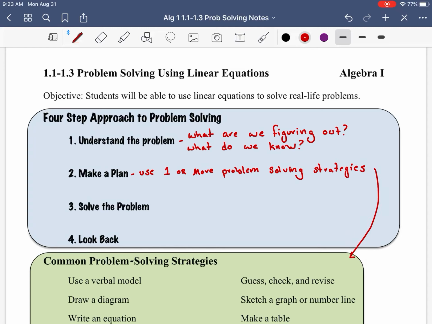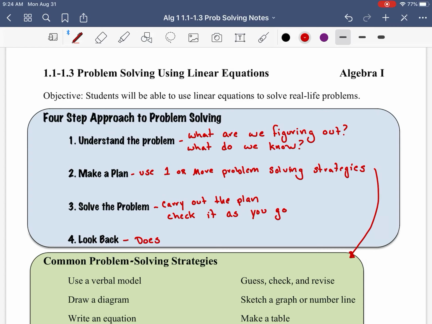Then we solve the problem, so actually carry out the plan, checking your work as you go. And the very last one, look back.